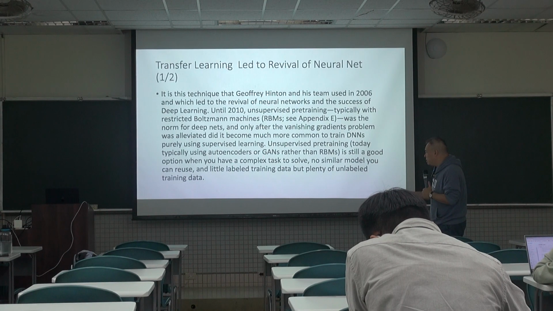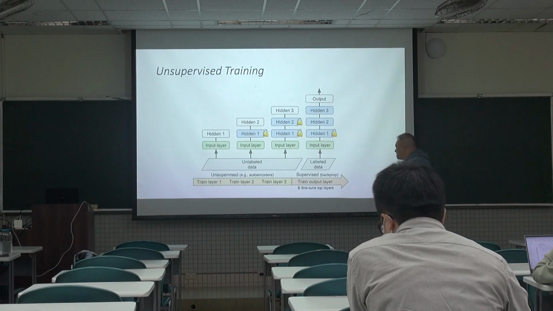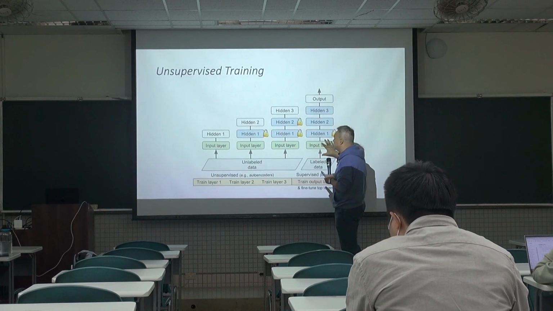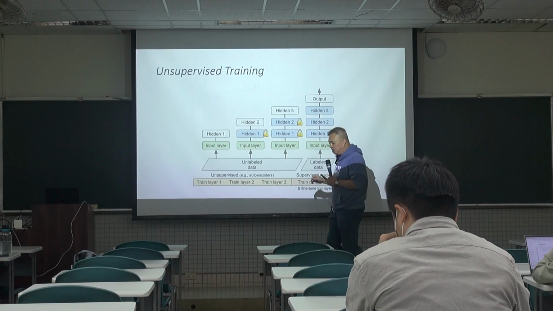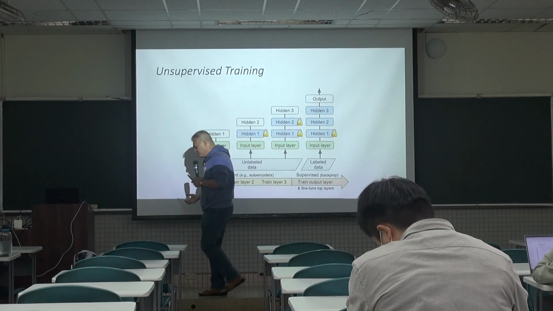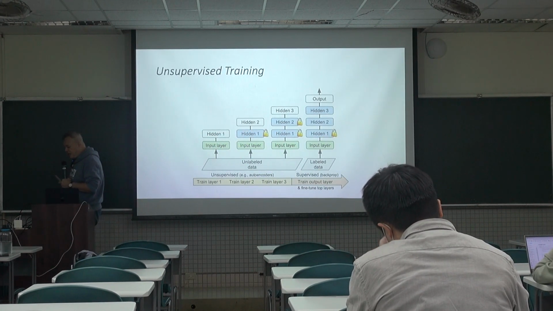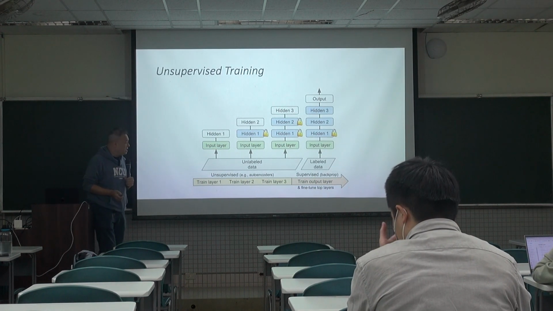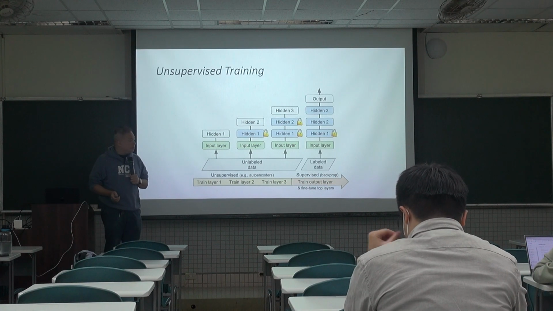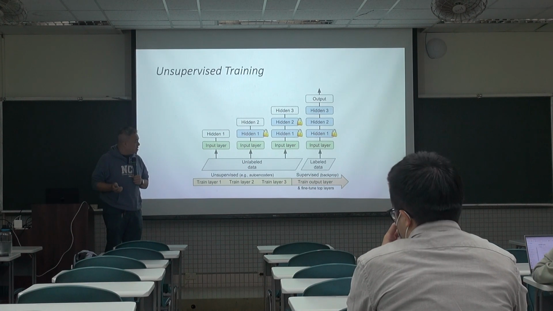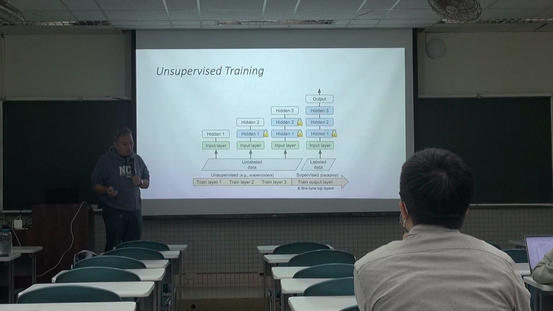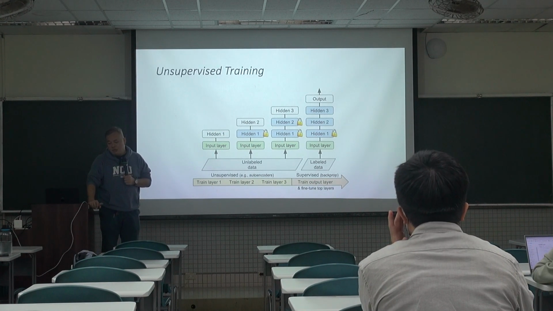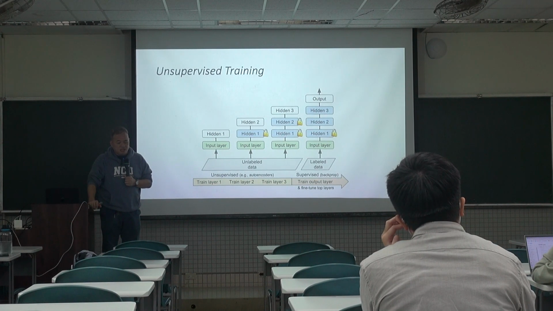So if you use an autoencoder, you can start from either here or here directly. It is much more powerful. But of course, in this chapter we will not talk about autoencoder or GAN until we finish CNN and RNN.